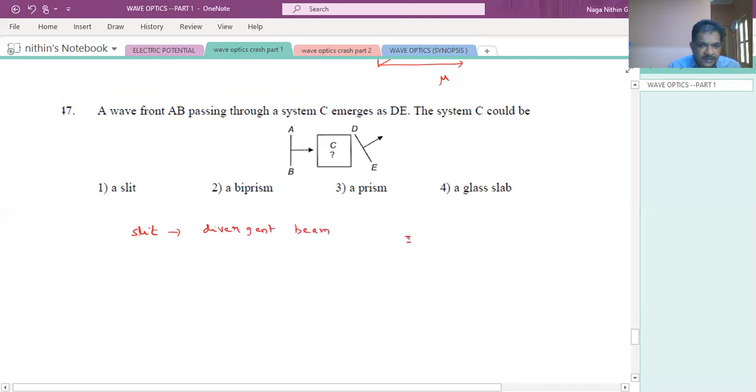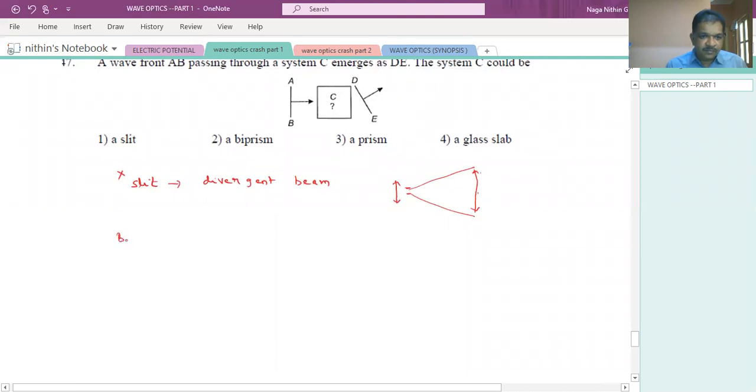If this is the slit, the output coming from it will be like this. Compared to this, its size will be more. Actually it will be like this. Here the size of ABDE is the same, so slit is not the answer.